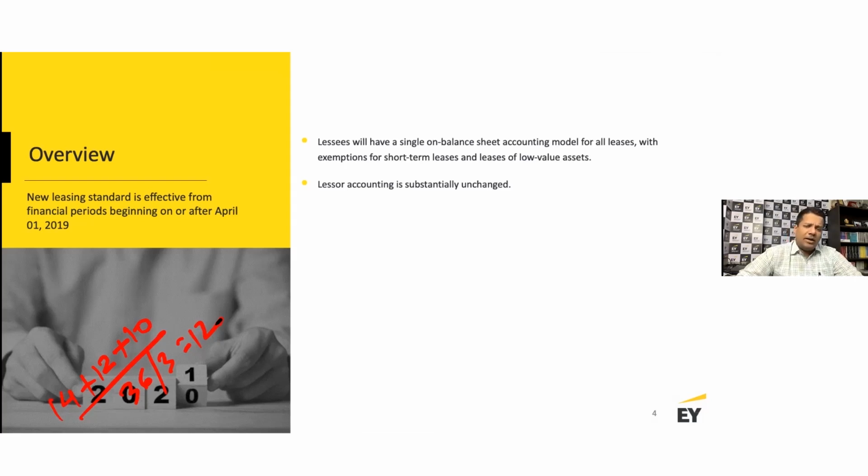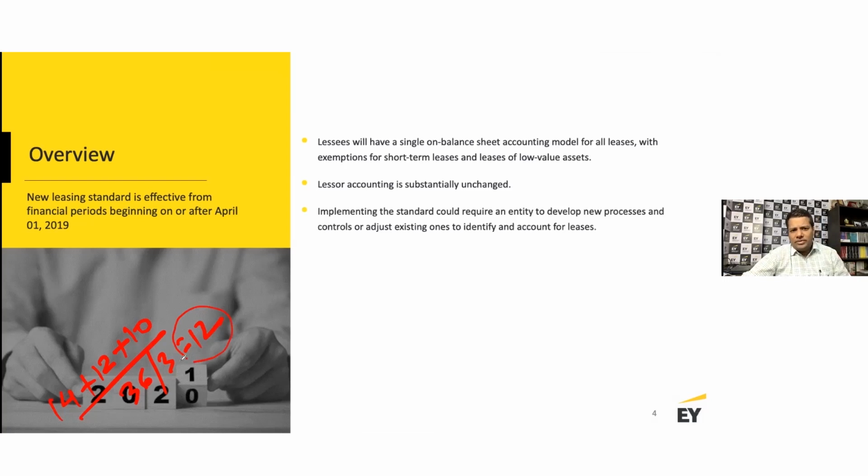Now that is what has changed under Ind AS 116. Now the lessor is required to do straight lining of lease rental. So now the lessor will be required to record 12 rupees as income in year 1 as well. And we will talk a lot more about this, right?